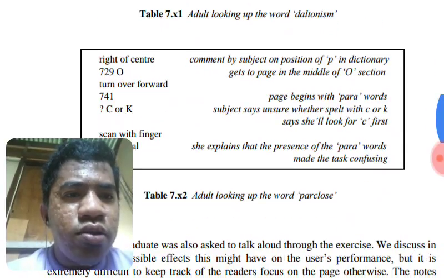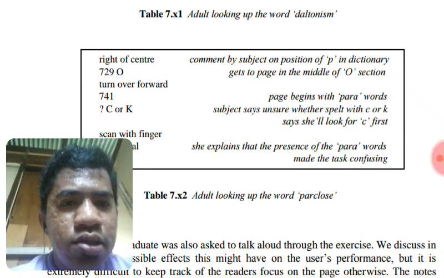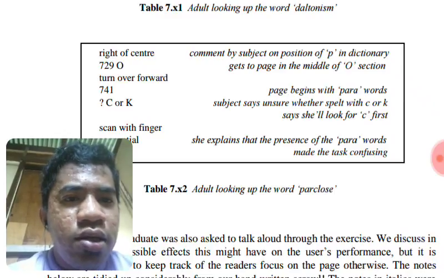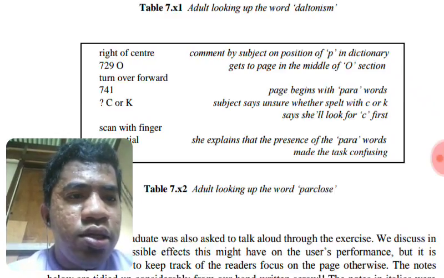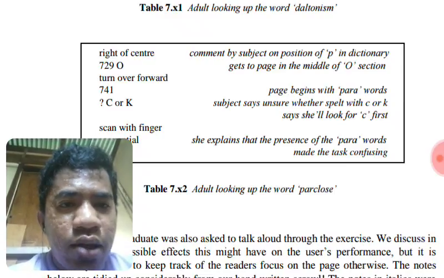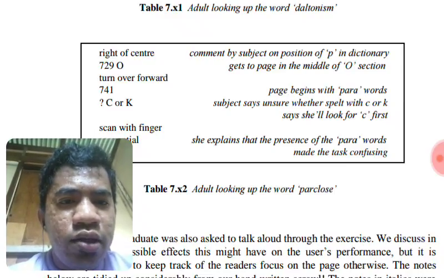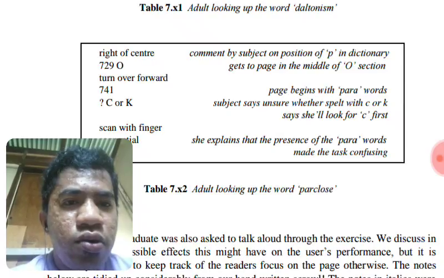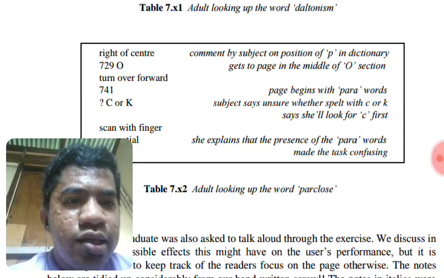Adult looking up the word daltonisms. Right of center, comment by subject on position of P in the dictionary. 729, O. Gets to a page in the middle of the O section.